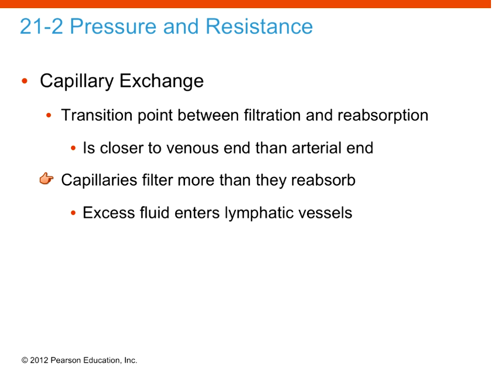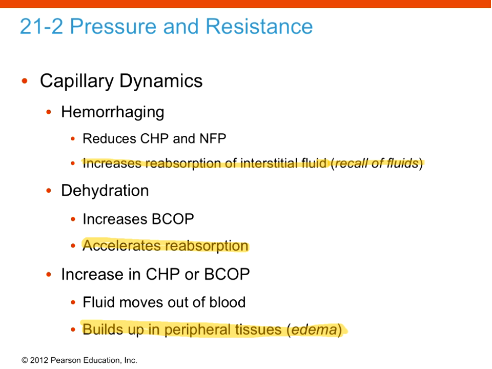Not only do those lymphatic vessels help to elicit an immune response, they're also responsible for making sure that any excess fluid doesn't always automatically go back into the blood vessels. It can also go into the lymphatic vessels, and that can help maintain homeostasis, or the relative volume of blood.